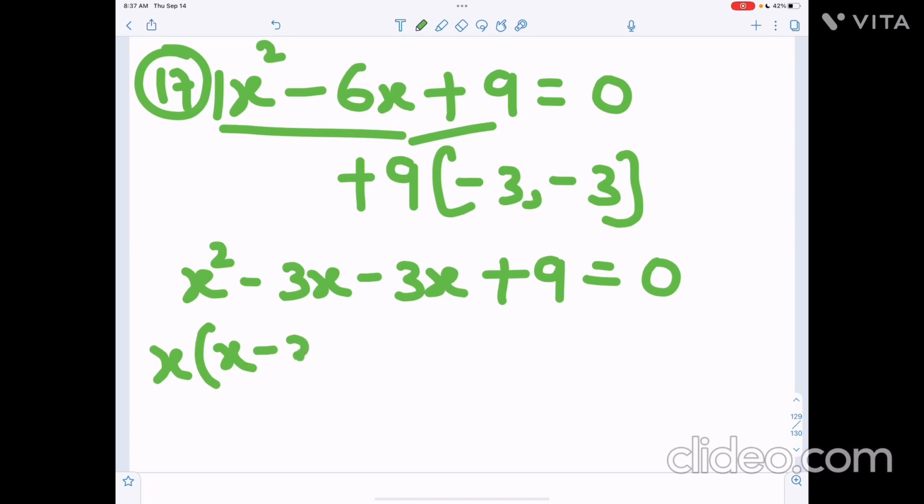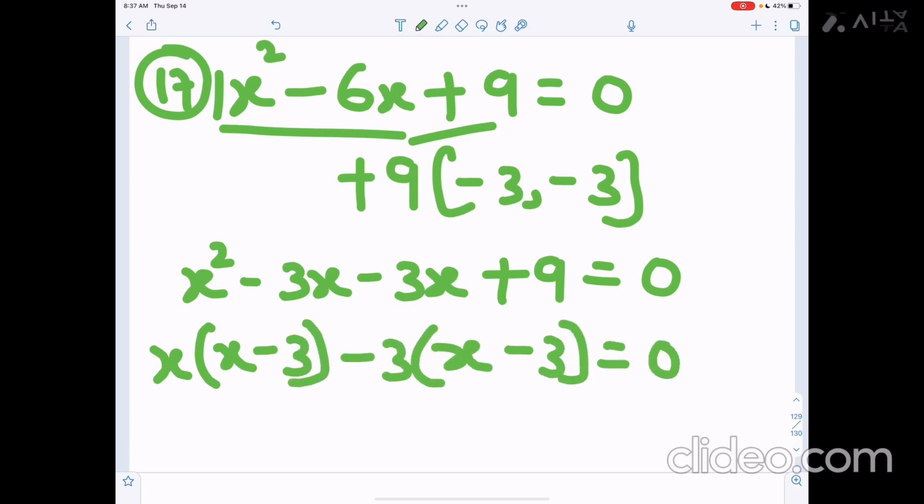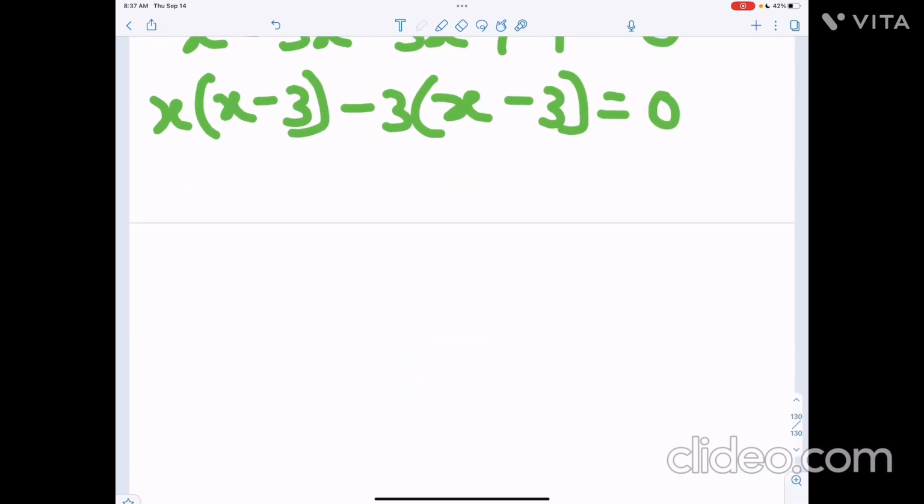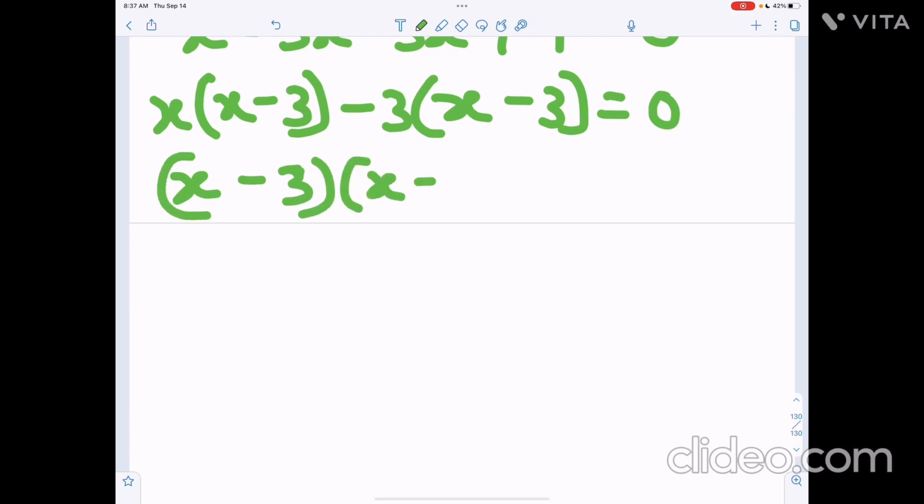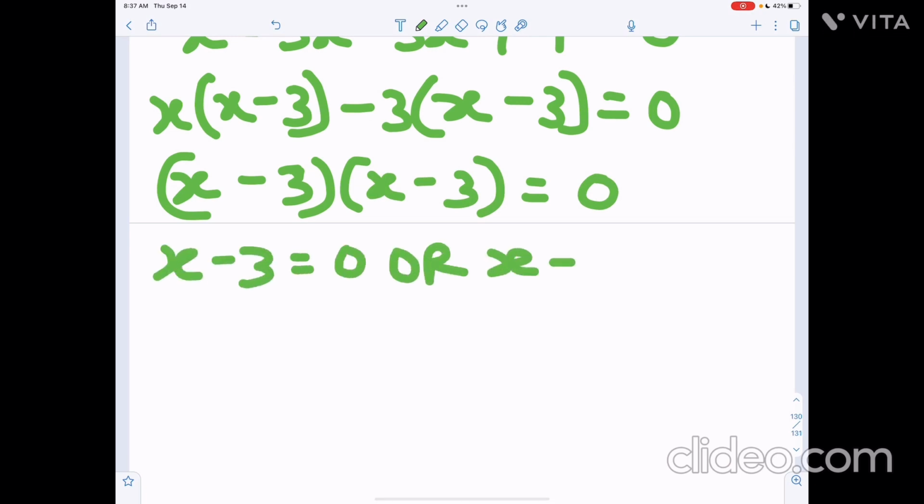This gives me x times x minus 3, minus 3 times x minus 3 is 0. What does that end at? x minus 3 times x minus 3 is 0. So x minus 3 is 0, or x minus 3 is 0. x is 0 plus 3, or x is 0 plus 3.